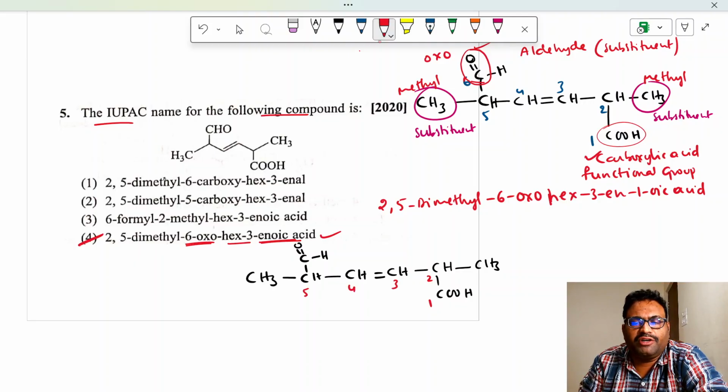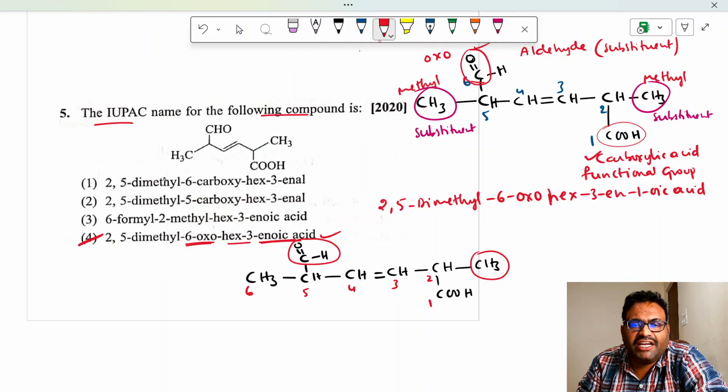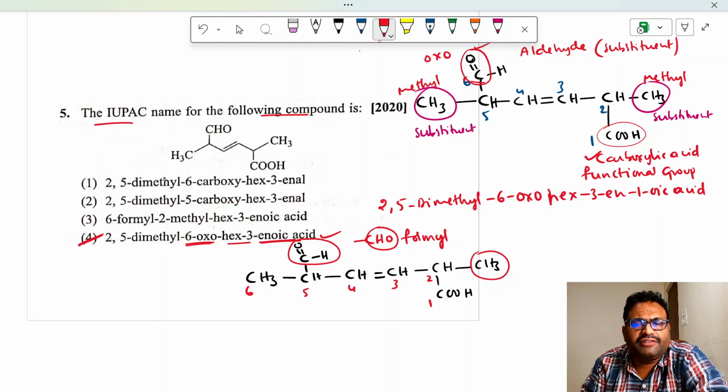Now I did not give numbering to the aldehyde functional group. The parent chain is selected with methyl. Now this will be the substituent and this is the substituent. Only two substituents. For the complete CHO, we use the word formyl. So when the parent chain is selected in this way, you can also select the parent chain in this way. Here it is given a different one.